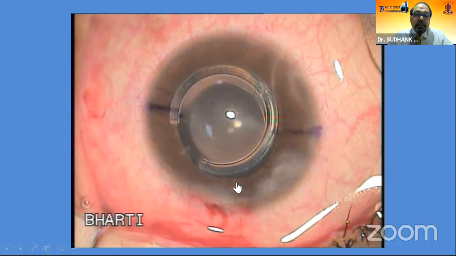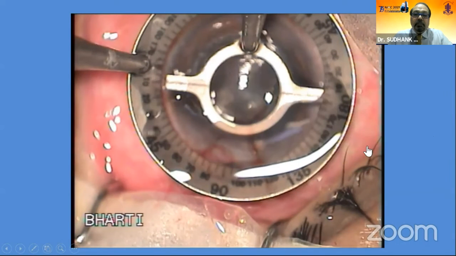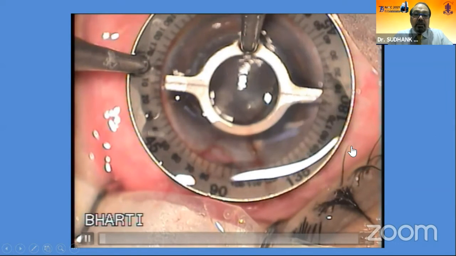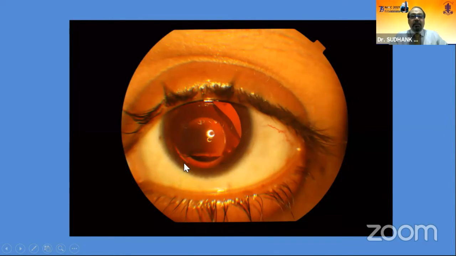And there's another interesting case where I have lost the video, but I have the pictures. These are two pictures of a case of Marfan syndrome where there is lens coloboma. This particular patient has Marfan syndrome. So myopia was to the tune of about 18 diopters with 4 to 5 diopters of astigmatism.